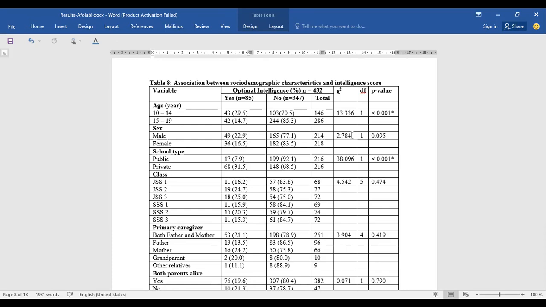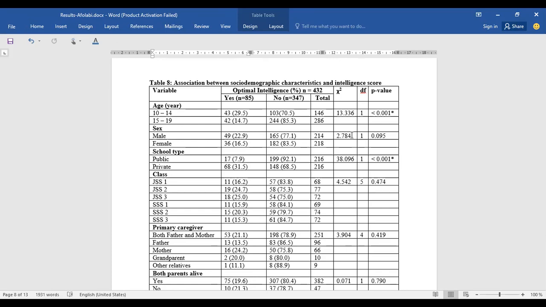So, sir, at this point, in this table 8, you cannot be talking about how many times the child is likely to be. You cannot talk. All you need to say is, there is an association between age and intelligence. We now say that the people in age group 10 to 14 are more likely to have intelligence.